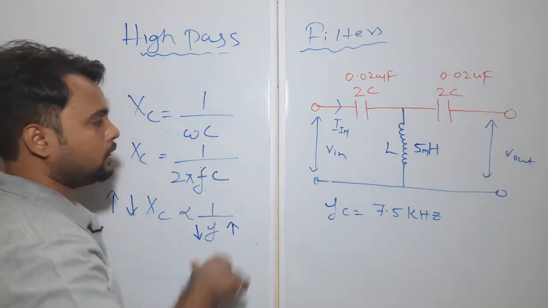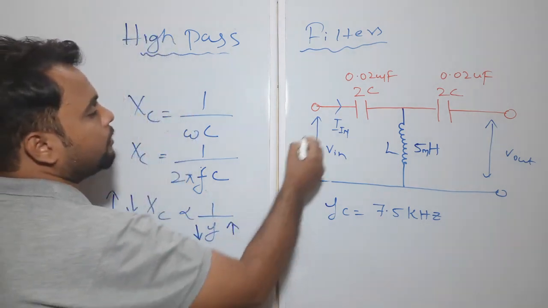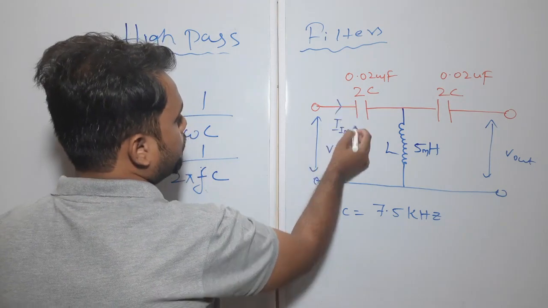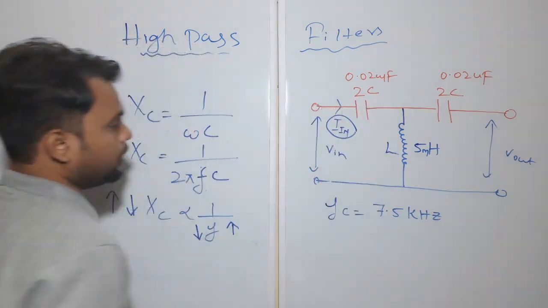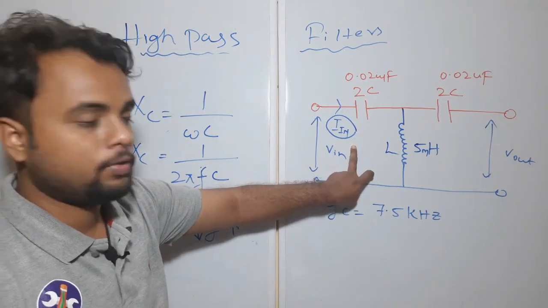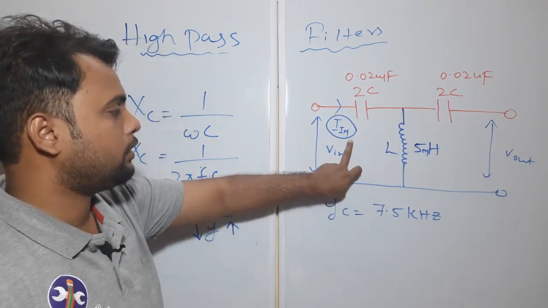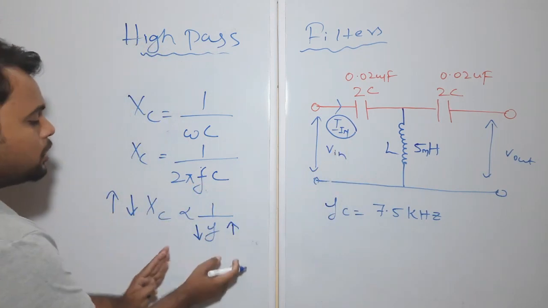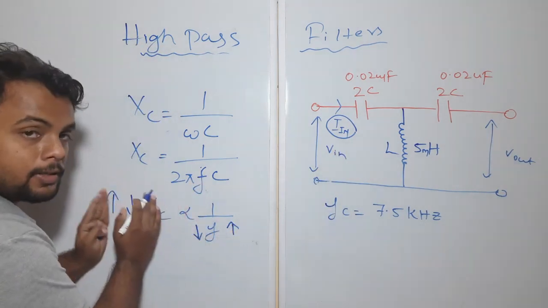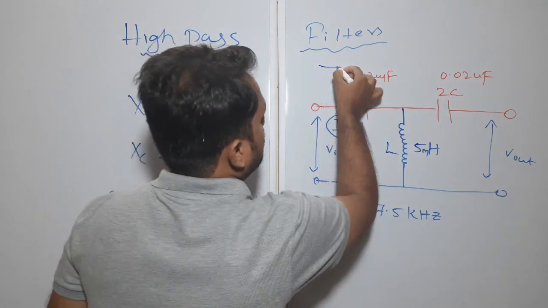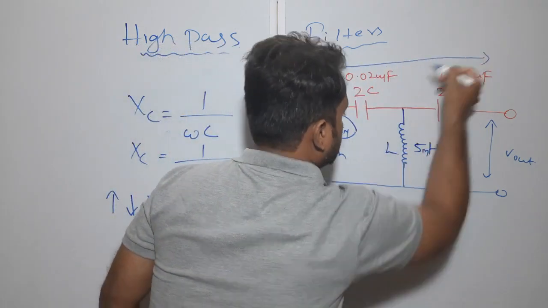So if you look closer here, suppose In is a high frequency wave which is trying to pass through this capacitor. If it is greater than 7.5, high frequency means, as you can see, this is inversely proportional, lower capacitive resistance. So that high frequency will easily pass through this.